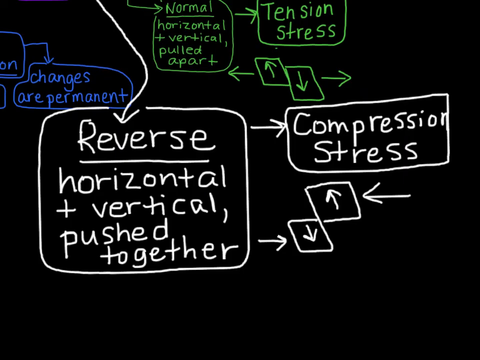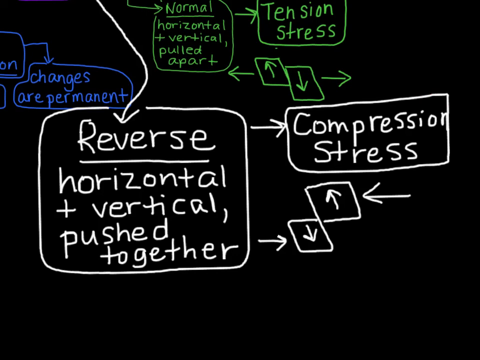The last kind of fault we talked about is called a reverse fault. A reverse fault has horizontal and vertical movement and is caused when the sides of the fault are pushed together. When the sides of the fault are pushed together, you have what is called compression stress.